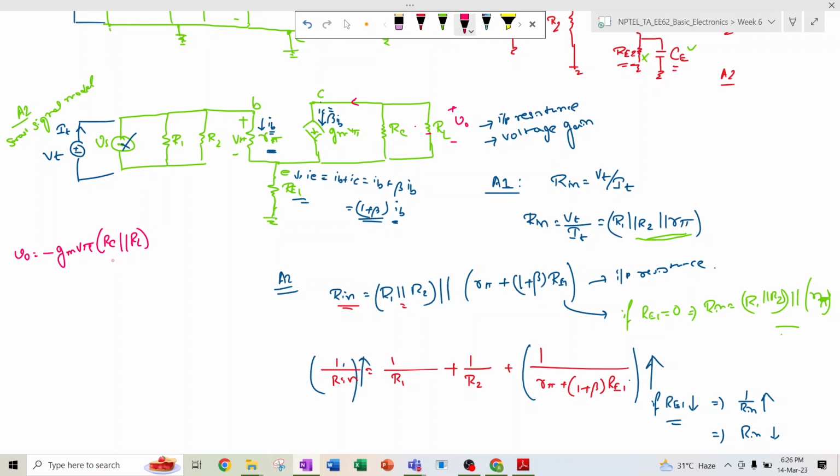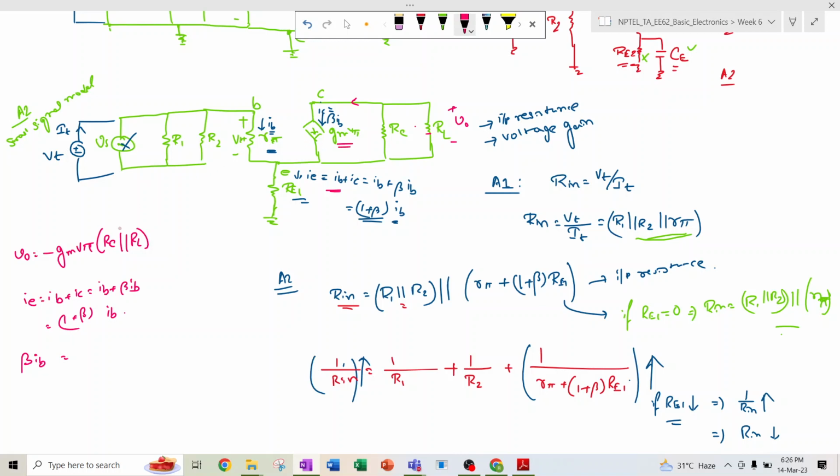We have already derived that IE is nothing but IB plus IC, which is IB plus beta times IB, which is 1 plus beta into IB, and this beta times IB is nothing but GM V pi.